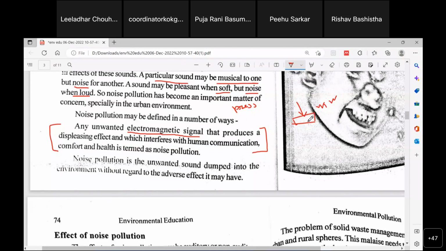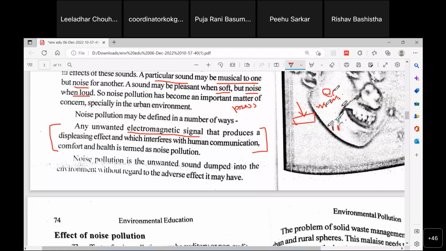There is a table here, you hammer this table, then what will happen? There will be vibration of this table. This vibration will lead to production of pressure in the air. And so the definition in the book, that sound is an unwanted electromagnetic signal, is not correct.